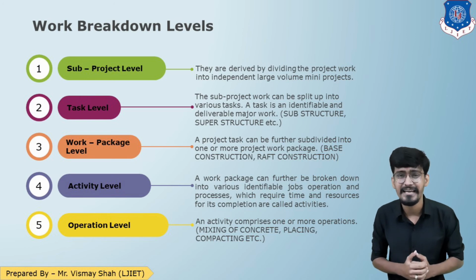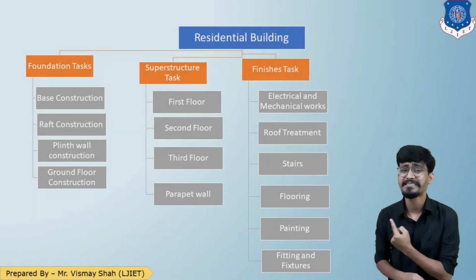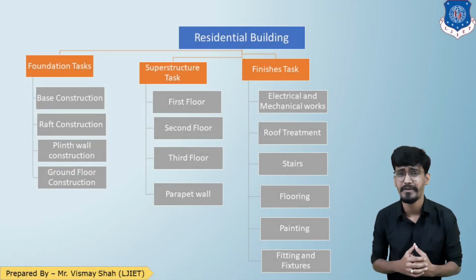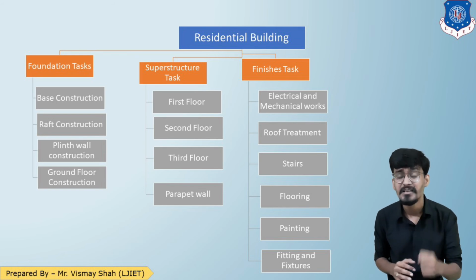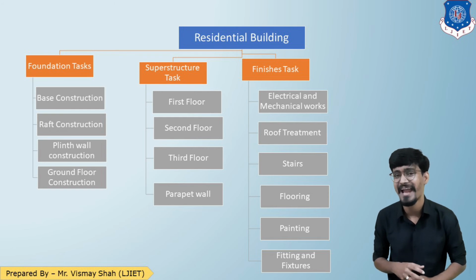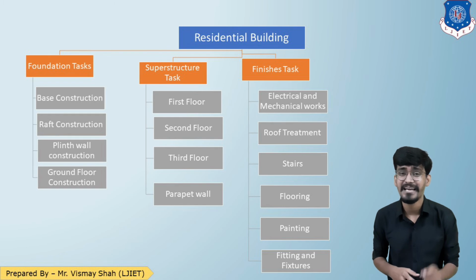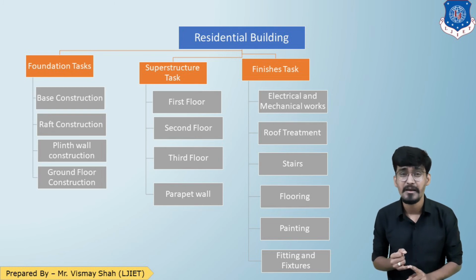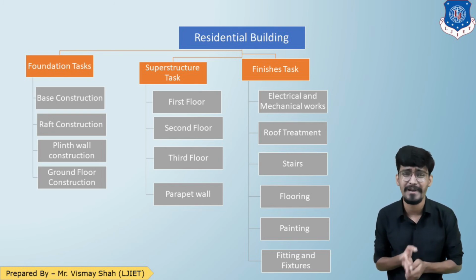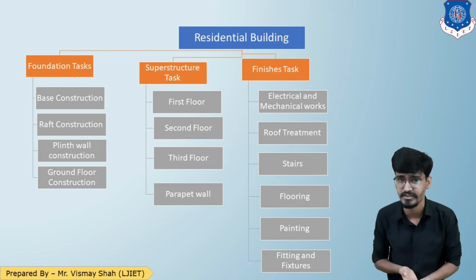Now let us see an example of work breakdown structure. Here is the work breakdown structure for a residential building. I have divided the residential building into 3 major tasks. The first is foundation task, then superstructure task, and the finishing task. The foundation task involves work packages such as base construction, raft construction, plinth wall construction, ground floor construction.